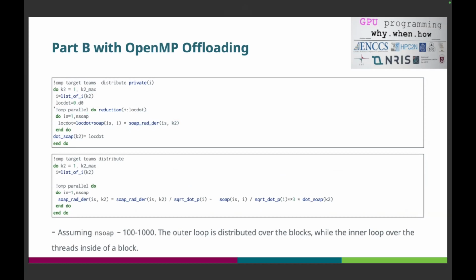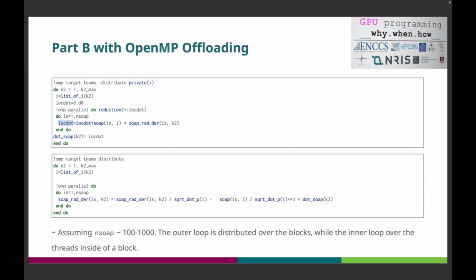So formally here we have the OpenMP again. Now I have OpenMP parallel do. So that means that the next loop, this one, is distributed over all the threads, but inside the block. And because I do a reduction, I just give this hint to the compiler that this is a variable where I'm going to accumulate the data.